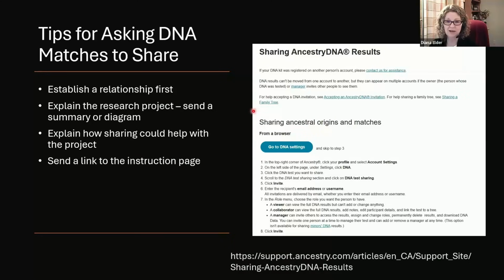They don't need to give you access to do anything with them, if they don't want you messing up their matches. But I always ask if it's okay if I can be a collaborator so I could add notes and really, really collaborate with them. So any way we can get more access, more DNA for coverage of our ancestor, that will be so helpful for us in our project.